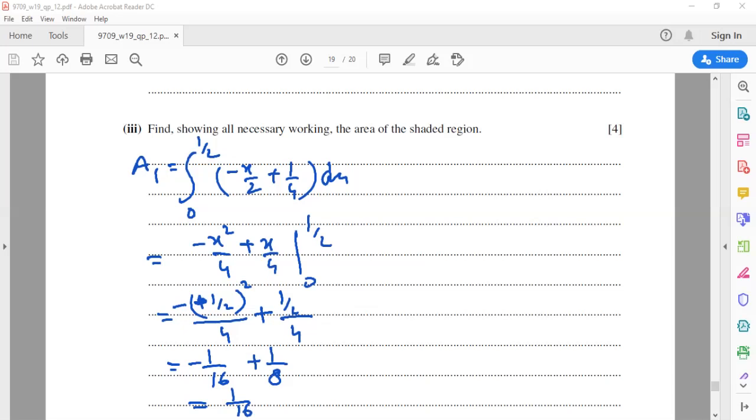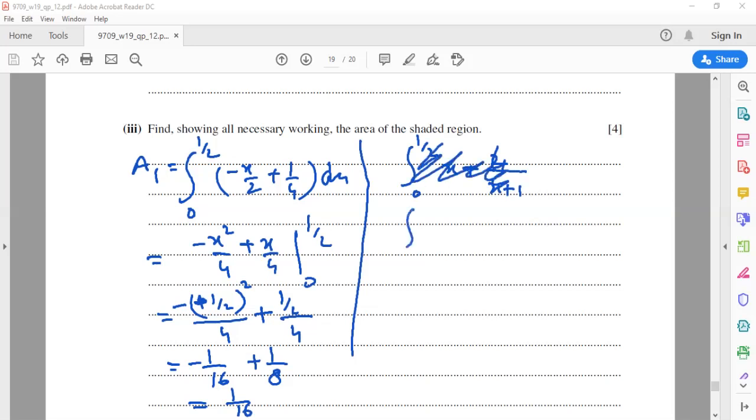Now we will be looking for the integration of the second part, that is again 0 to 1 by 2. The actual curve was y equals x plus 2 over 2x plus 1; sorry for that.